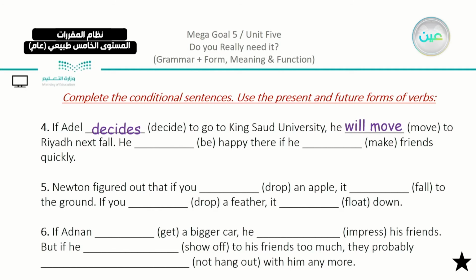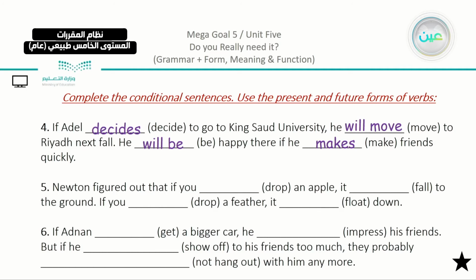He be happy there if he make. So there's a switch in the clauses. We can say as future, he will be happy there if he makes friends. So don't forget, you always relate the present simple with if.